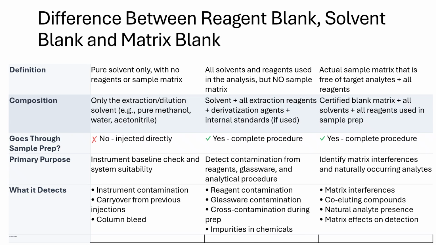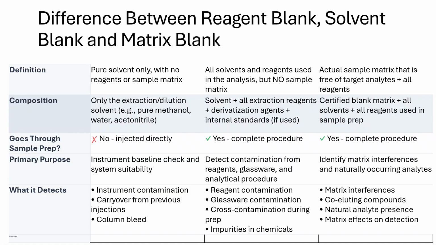This is a basic question, but most of the analysts are not aware of it, or they fail to answer this question. What is the difference between reagent blank, solvent blank and matrix blank? So let's talk about solvent blank. A pure solvent blank consists of pure methanol, water or acetonitrile, and it doesn't go through sample preparation.